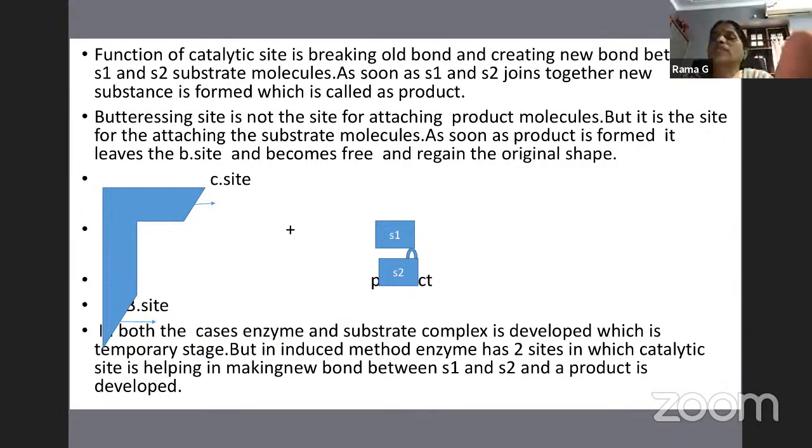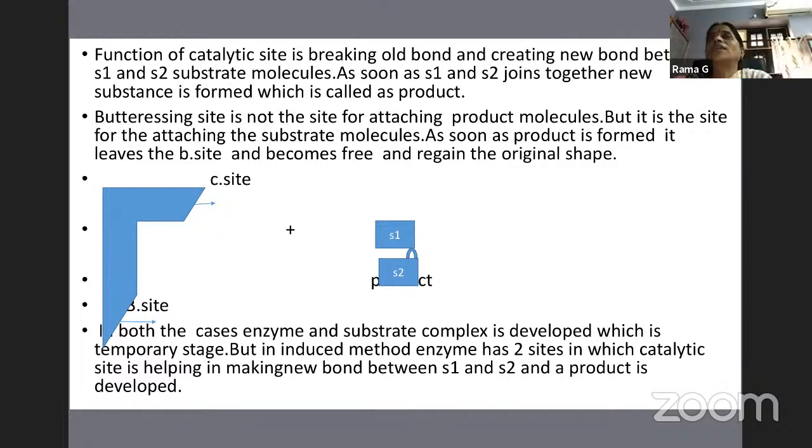But in the induced fit method, the enzyme has two sites. I told you that in the lock and key theory, only one active site was there. But here in the induced fit technique, there are two active sites, in which the catalytic site helps in making new bonds or breaking old bonds.